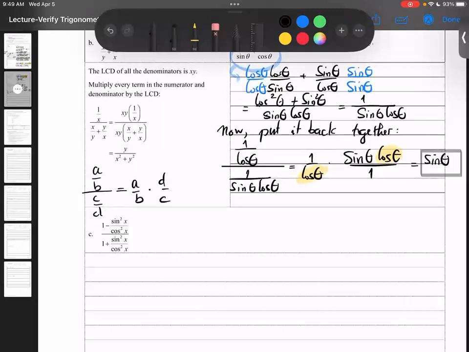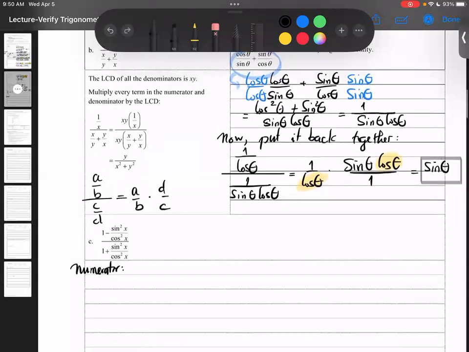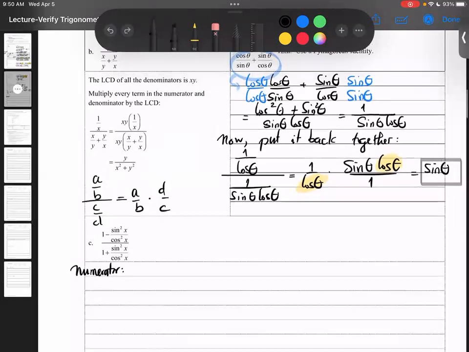So let's take one thing at a time. One numerator. Let me rewrite the numerator: 1 minus sine squared x over cosine squared x. The LCD is cosine squared x, right? So I need to multiply that 1 by cosine squared x over cosine squared x.